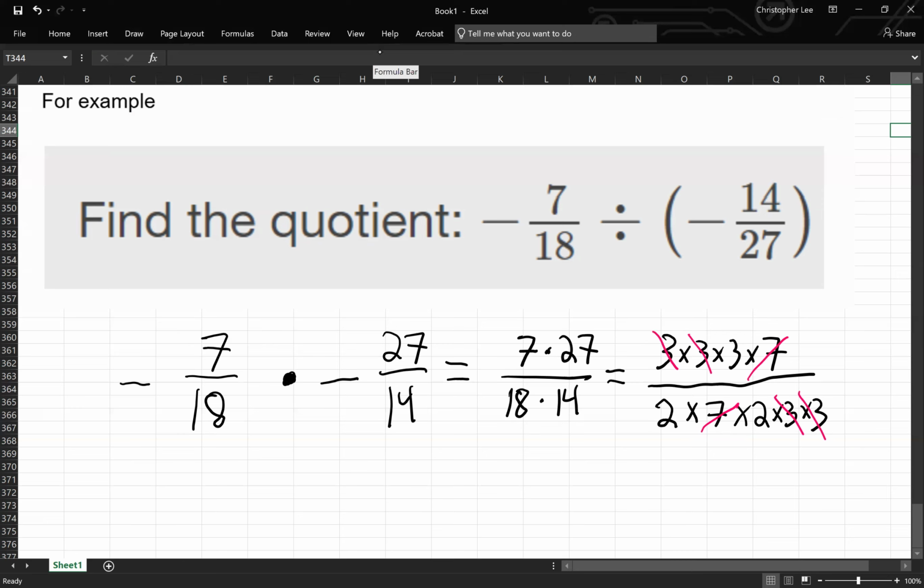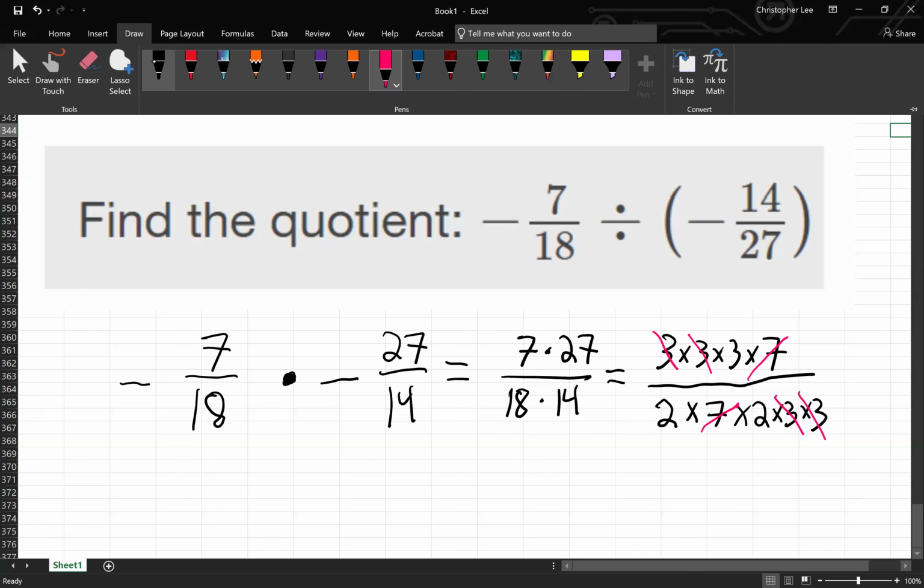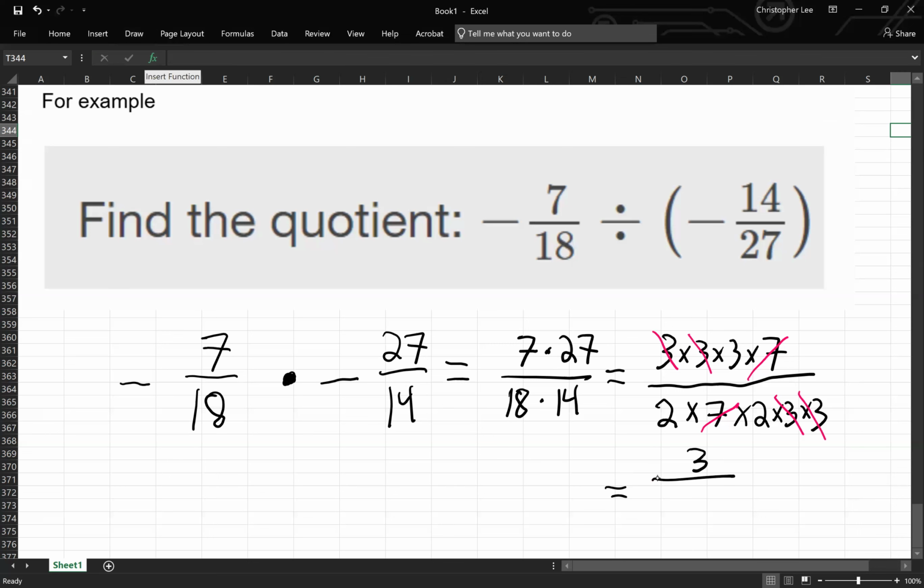They have to match. So now what's left over? 3/2 times 2, so 3/4.